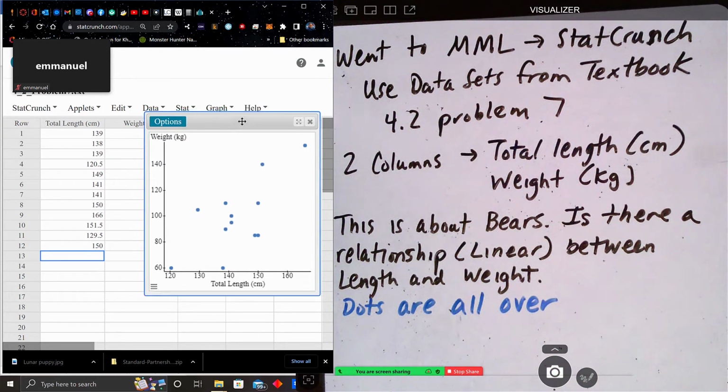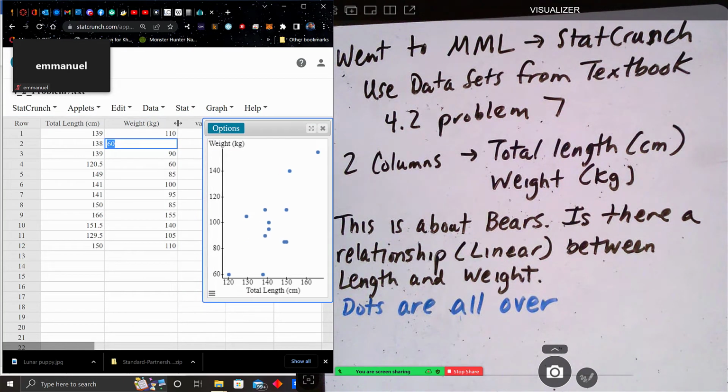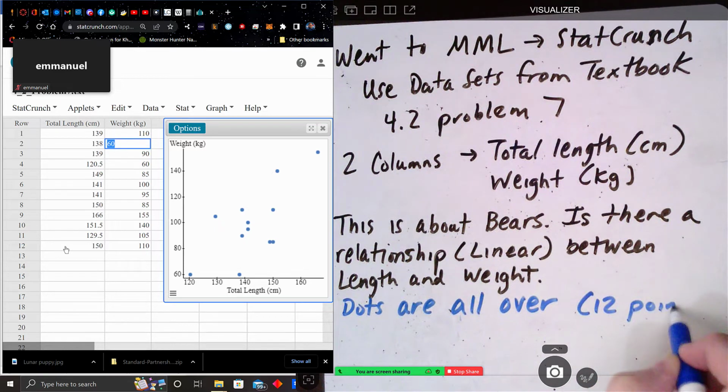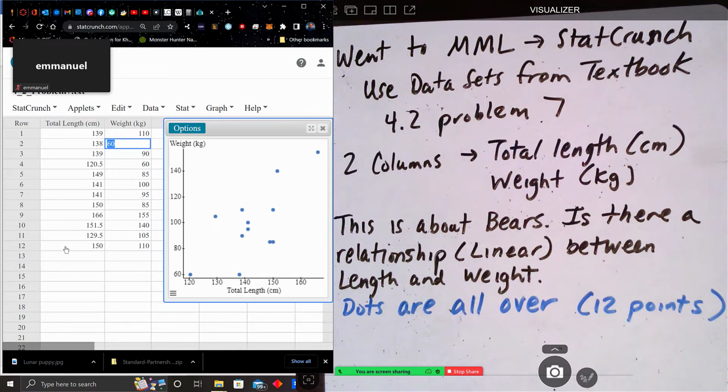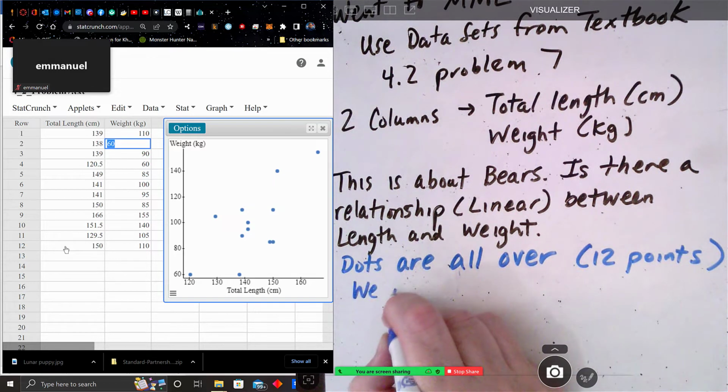I can see by the number of rows that there's 12 rows, so there's 12 points. So we need to see if there's a linear relationship. We need to find R and the critical value.